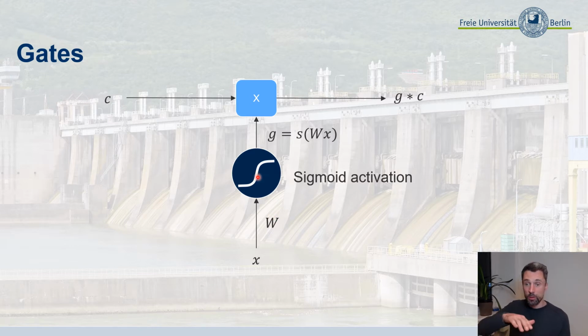So this is the logistic function between 0 and 1. Now G has as many elements as this vector C, and by multiplying both, we have a way of directly and individually scaling up or down all these components within C.